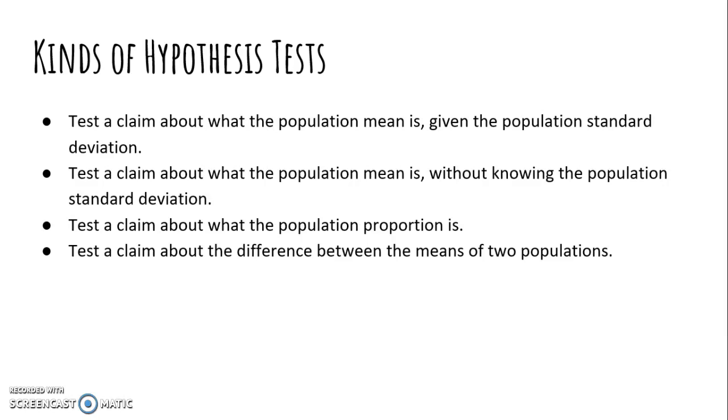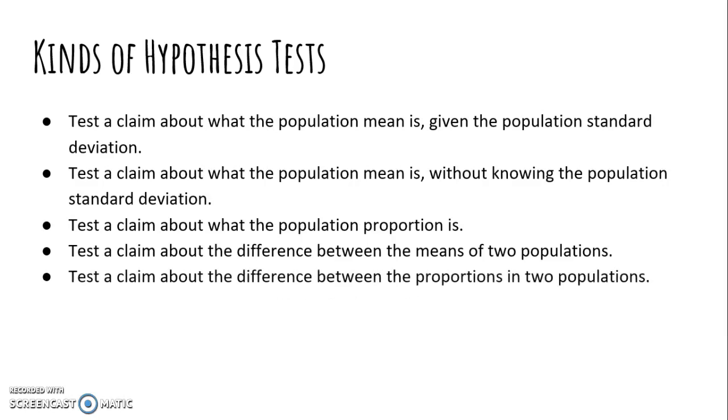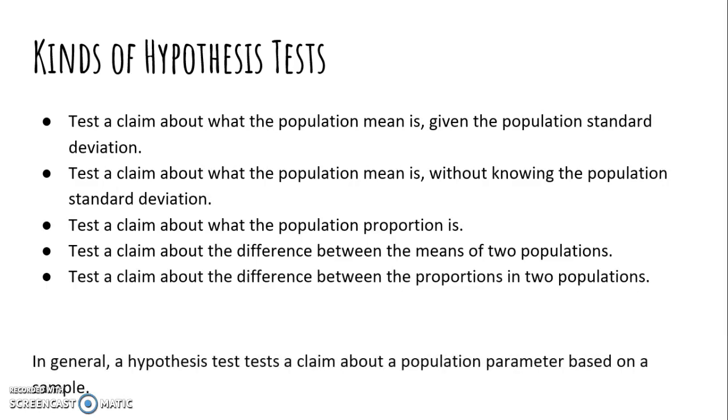In future chapters, we're going to test the claim about the difference between the means of two different populations. And we'll also test the claim about the difference between proportions in two populations. And then we'll also do a test for independence to see if two variables are independent or dependent.